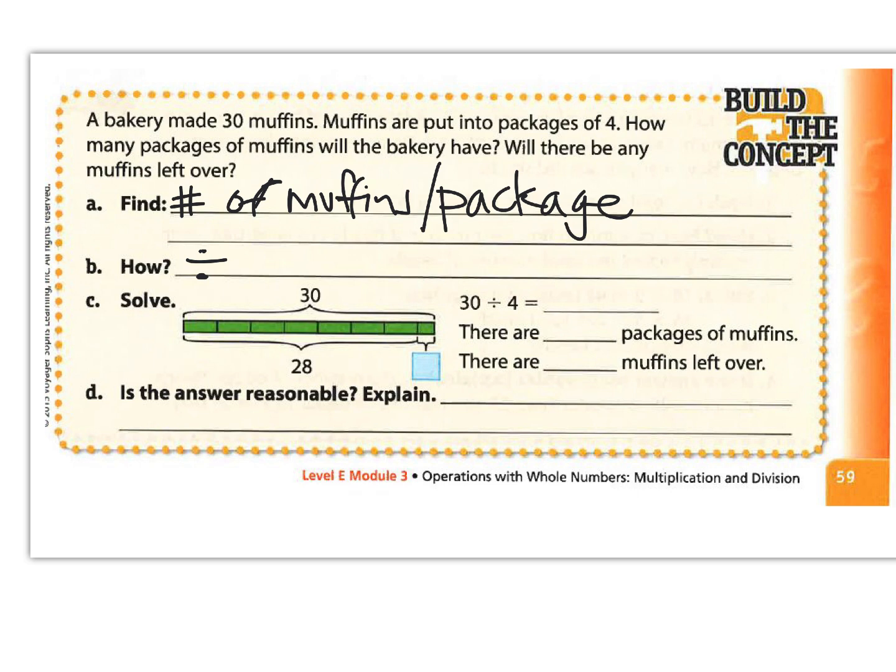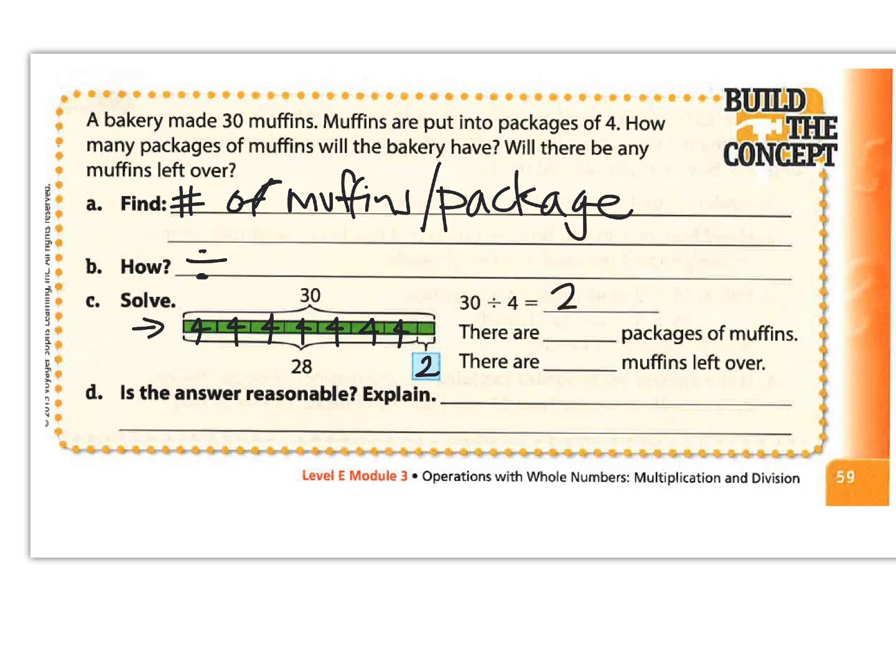So here it says we're going to solve, and they are using one of those strip diagrams. So 30 divided by 4 equals. It looks like the green is the 30, but remember there's only 4 muffins per package. So 4, 8, 12, 16, 20, 24, 28, but we have 30, so there are 2 left over.